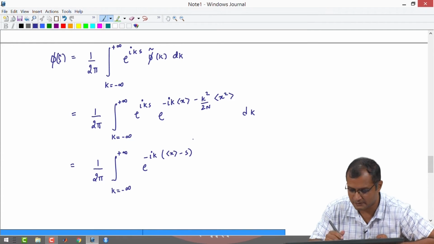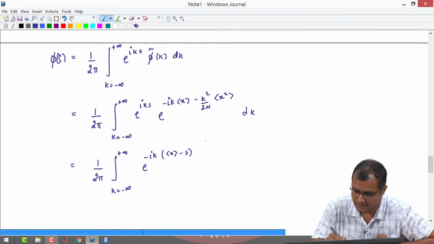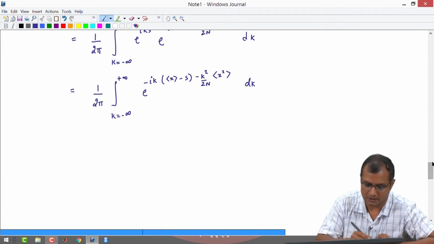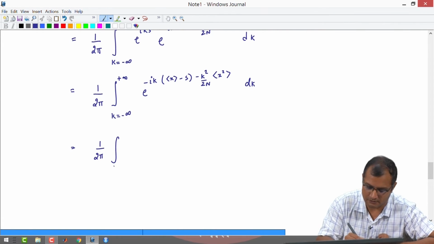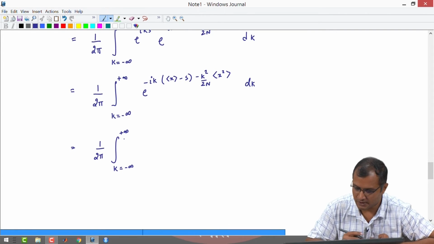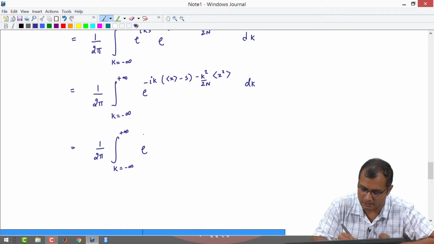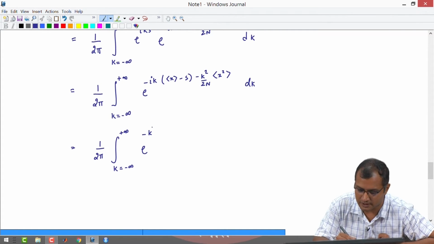So I have taken the first two exponentials as is, e raised to minus k square by 2n into mod x square, dk. Okay, and these are very simple integrals. So you can construct a perfect square in the numerator. That is always the trick to solve these Gaussian integrals.